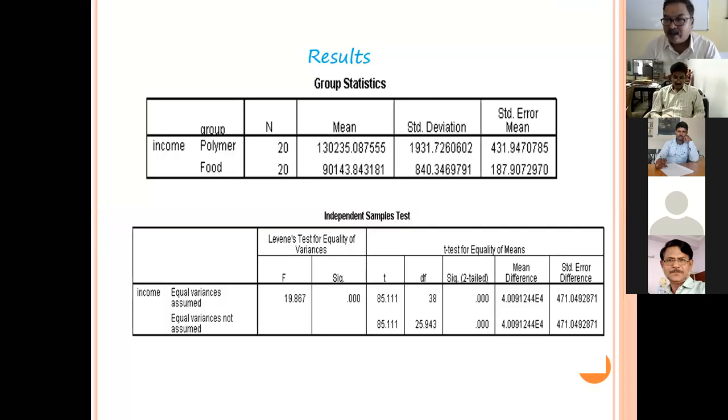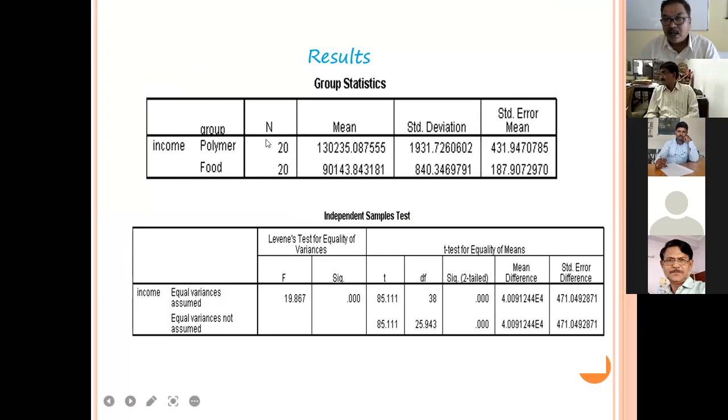Once you have entered the data in SPSS, that will give you the result. Look at here. The income of polymer companies is 1,30,000 rupees, and the income of food companies is 90,000. That is the mean value, right?